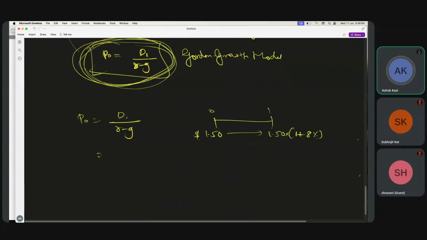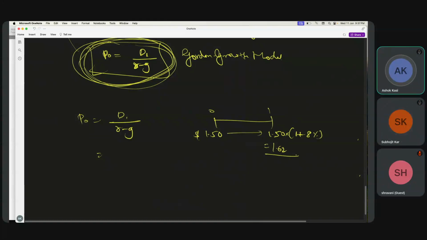Just calculate how much it comes to. 1.50 into 1 plus 8%. 1.62.